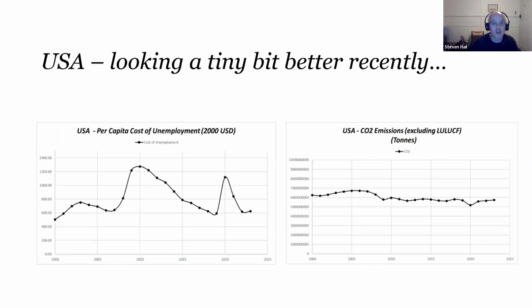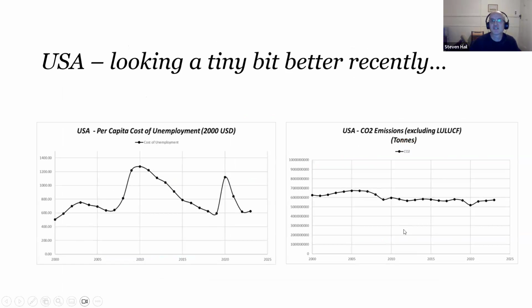And this is because the US had very high unemployment around about the global financial crisis and immediately afterwards, and unemployment gradually fell back. So the cost of unemployment in the US fell as we approached the pandemic. We then had a spike during the pandemic, of course, which has been reversed again now.